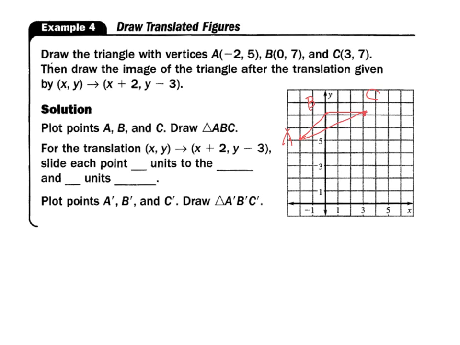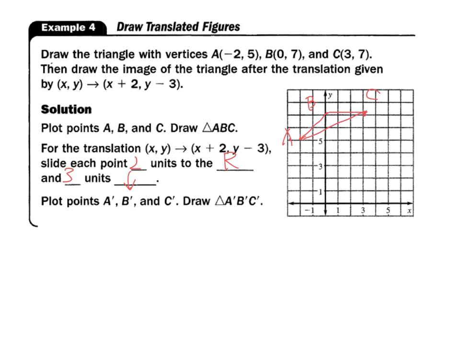Then I have to draw the image of the triangle after the translation. Look, I'm moving my x coordinates to the right by 2 and y coordinates downwards by 3, right? So that's 2 units to the right, and minus 3 is 3 units downward, go south. So let's see how we do that.